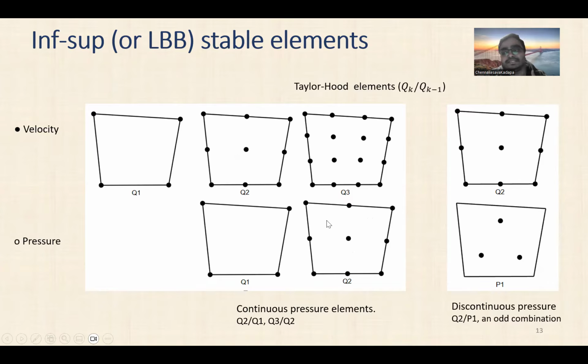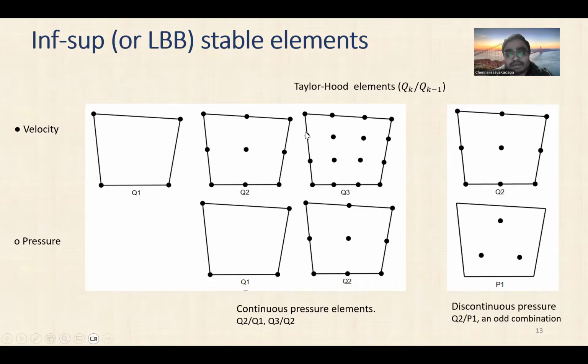This is how we satisfy the inf-sup stability condition by choosing elements like this. Its implementation is a little bit difficult, and I will show how to implement it in the next parts. This is why we get spurious oscillations if we use the same element spaces for velocity and pressure.